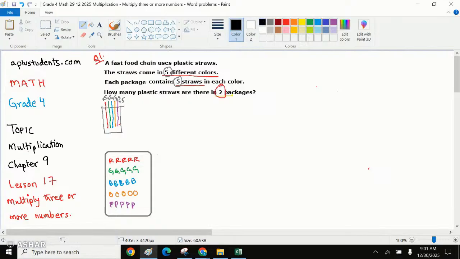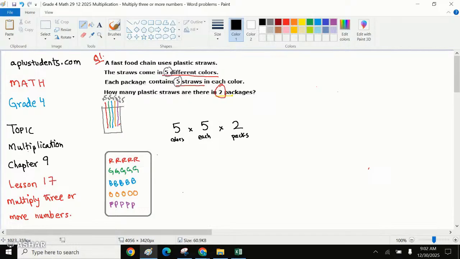So what we can do is we multiply the numbers in this question to find the total number of plastic straws, right? That means 5 colors multiplied by 5 each. Each color, right, is 5 times. And there are 2 packages, 2 packs of this.